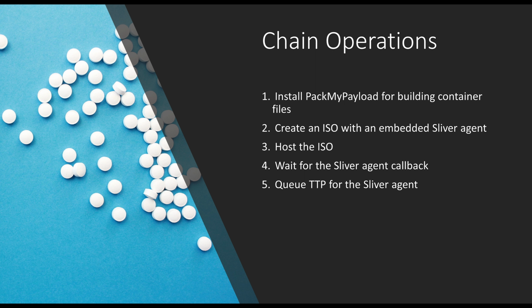Third, we host the image for download. And then four, we wait for the user to open that ISO image, run the included malware, and then wait for the callback. Finally, once we have that callback, the last TTP is just to queue a specified TTP for that Sliver agent.